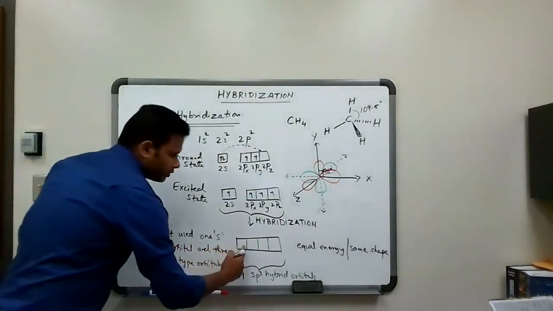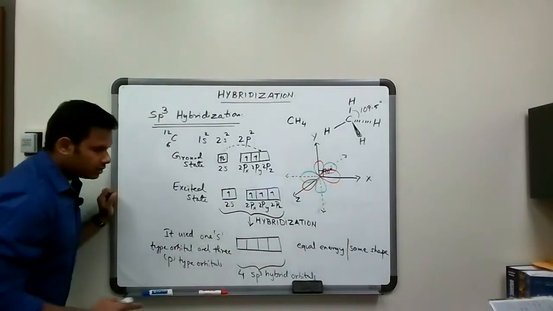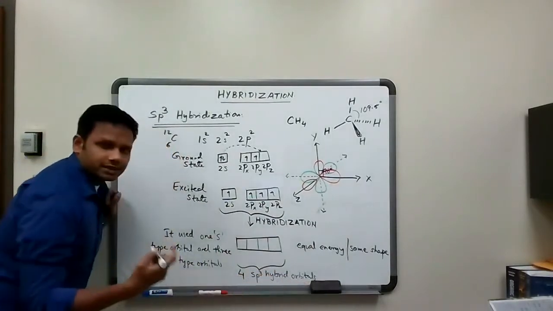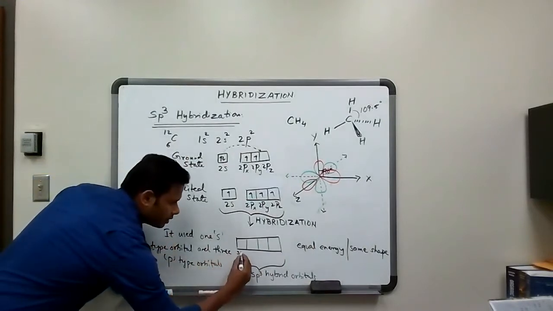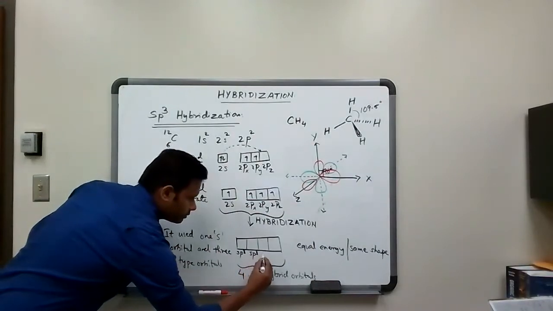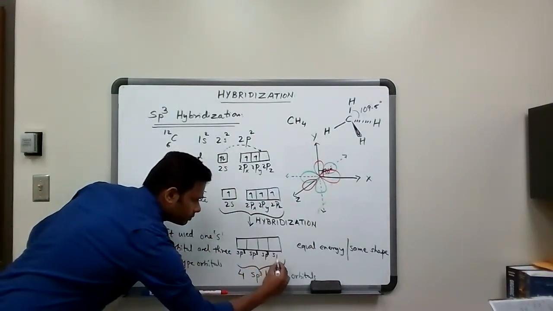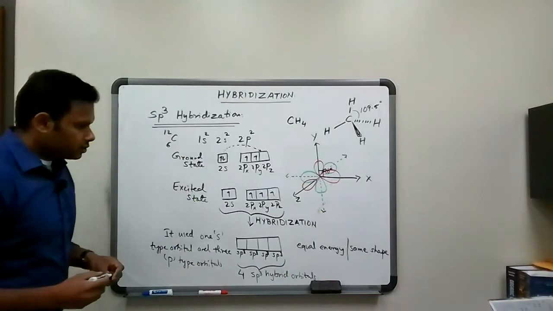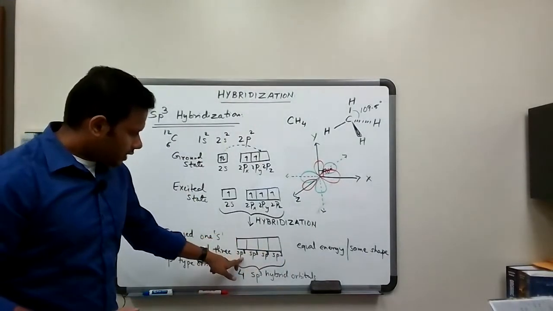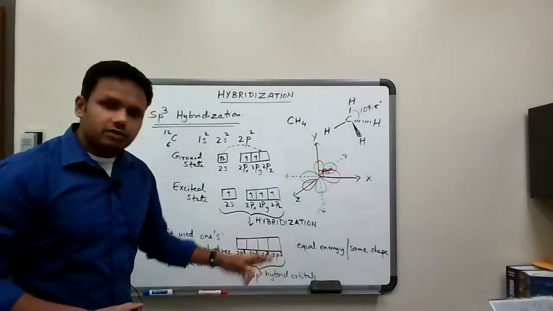Now that we've got these four orbitals, I've written four sp3 hybrid orbitals. This first orbital is an sp3 hybrid orbital, this is also an sp3, this is also an sp3, and this is also an sp3. So now there are no s or p's; they are all sp3 hybridized.